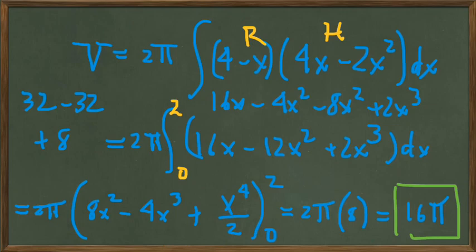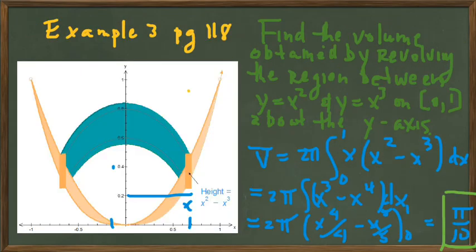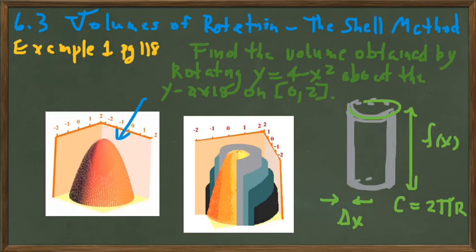So here are 3 examples of the shell method, and just one more thing on the shell method before we leave it. The shells are these here, and they overshoot the volume. They are concentric. There would be more shells inside the gray shell, and those shells get thinner and thinner, and the error gets less and less.